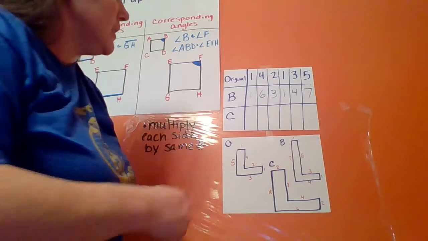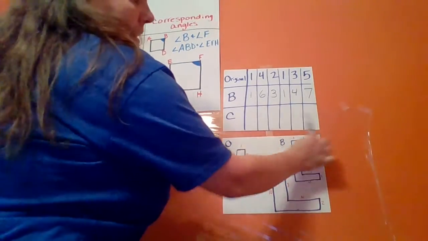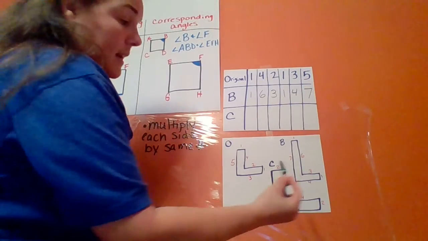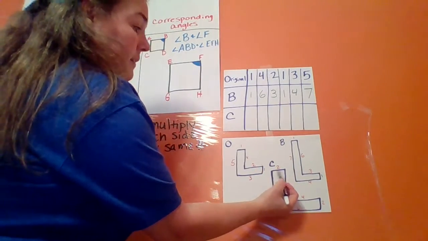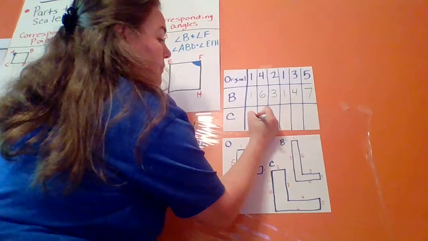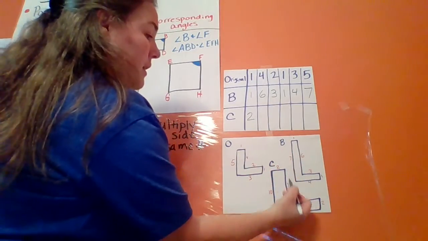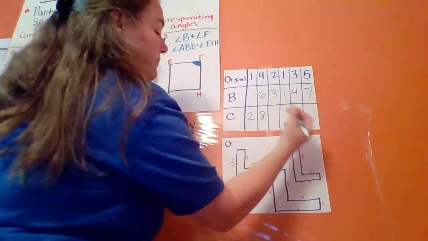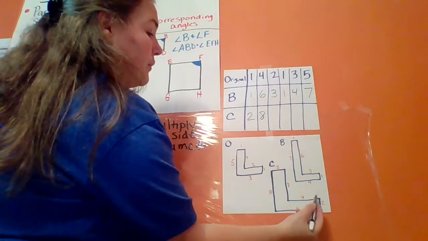So I'm going to write the corresponding sides again into our chart. Okay? So 1, 2, 4, 8, 2, 4.